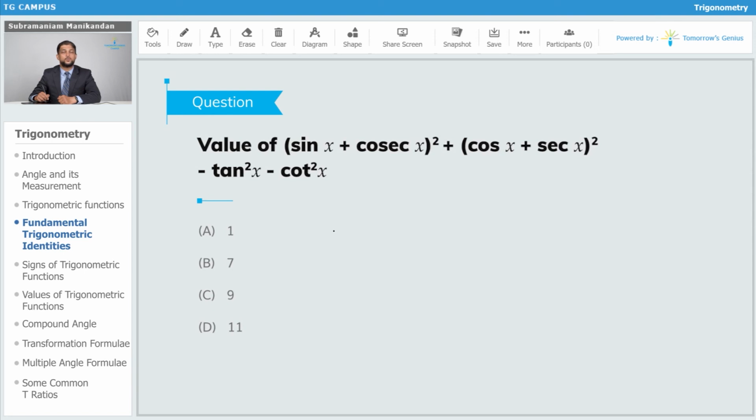Therefore, what we have to do is we just have to simply expand this expression and simplify it out and apply the identities wherever applicable.